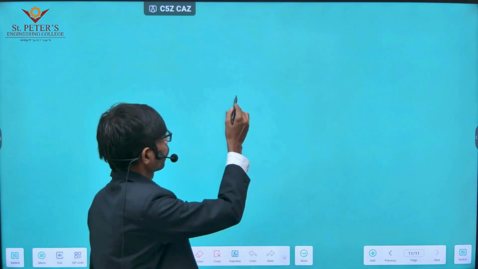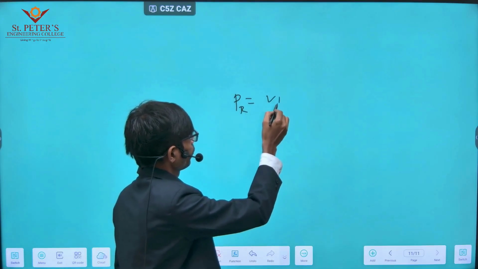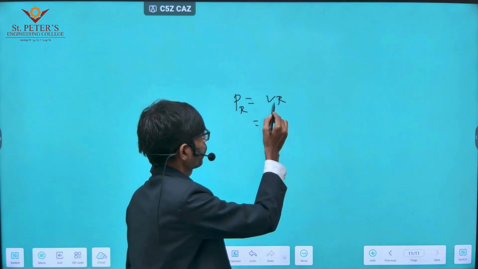If you calculate the power P across the R resistor, we get V into R. What is the formula of VR?